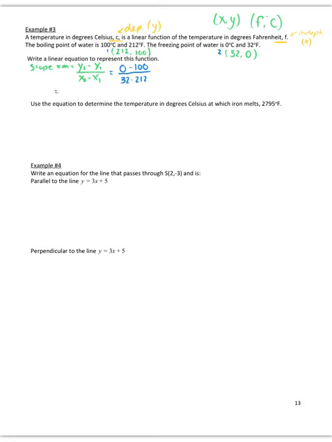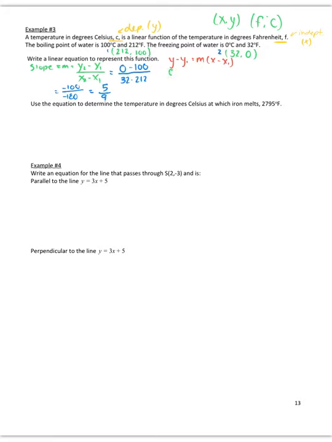I get negative 100 over negative 180, which we can reduce to the lowest common factor fraction of 5 over 9.